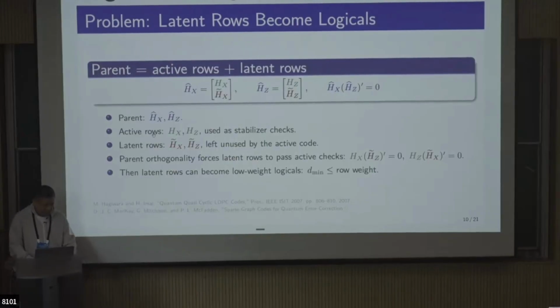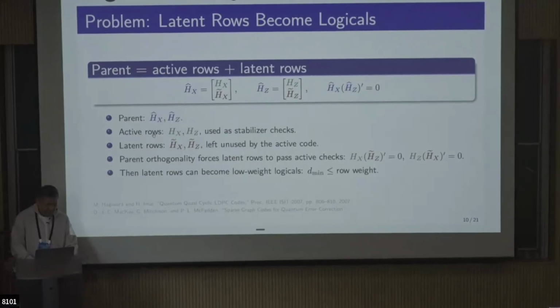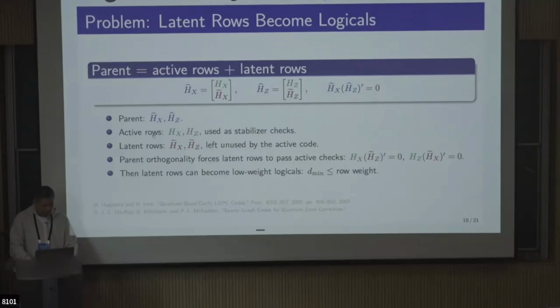Thus, the same mechanism that automatically gives the parent orthogonality can also automatically create low-weight logicals in the active code. This is why the full parent orthogonality is too strong for our purpose. It imposes more orthogonality than the active matrices HX and HZ actually need.